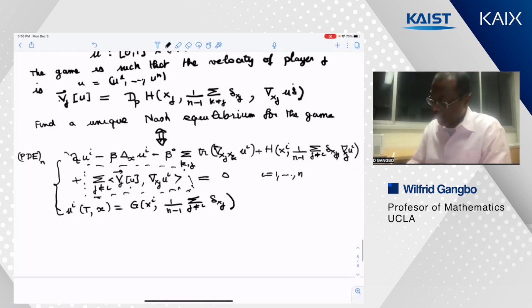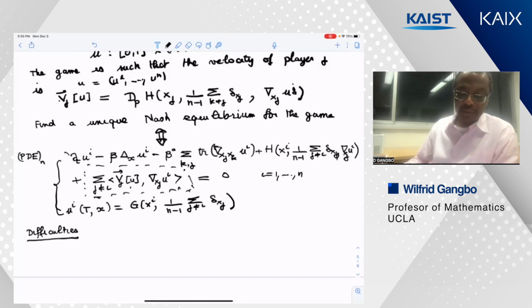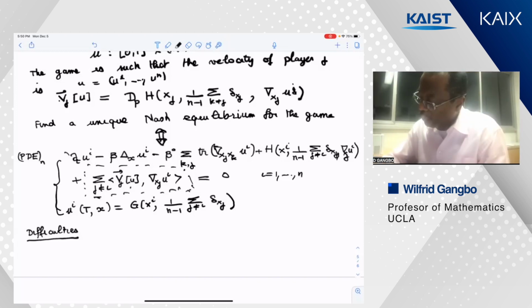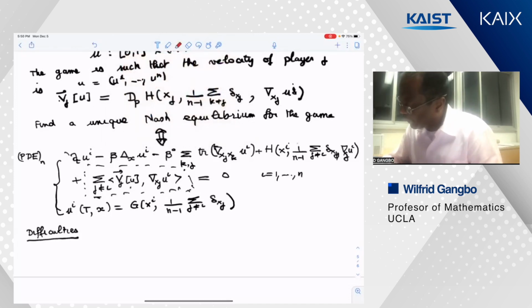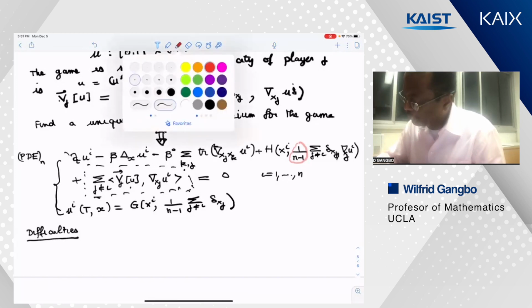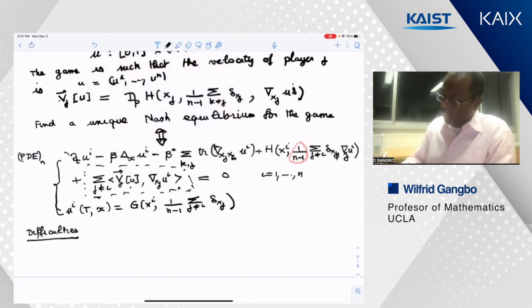Now here are some difficulties. When you look here, and many other places, you see that I have 1 over n minus 1 instead of 1 over n.